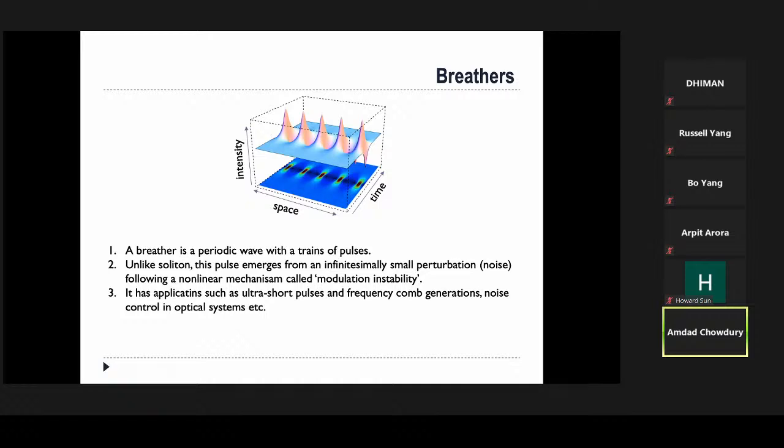It has a frequency comb, which is used, with a very narrow-band frequency, to measure very minute detail in optical metrology. For very accurate measurement of frequency, this kind of frequency comb is used, and also to control the noise in optical systems.